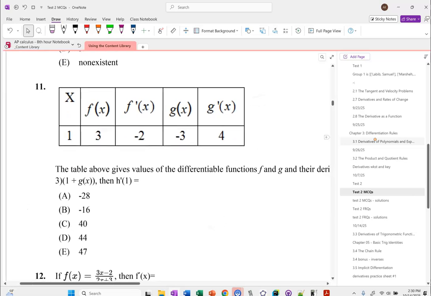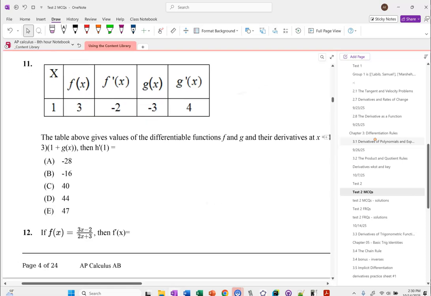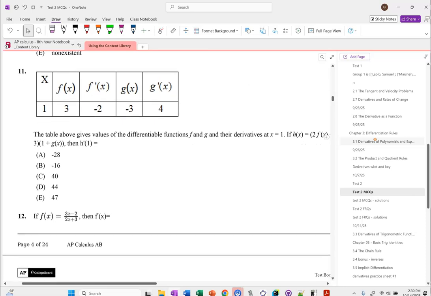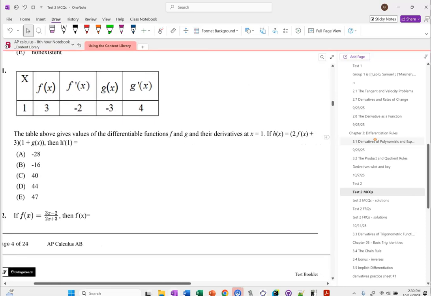How about 11? That's a good one. In fact, I think some of your classmates came in and asked me about this earlier today. So it says the table above gives the values of differentiable functions f and g and their derivatives at x equals 1.